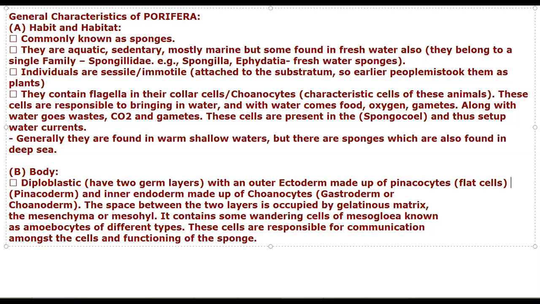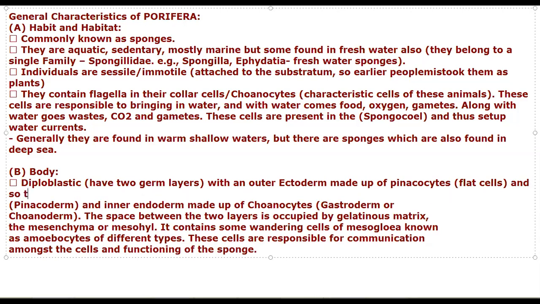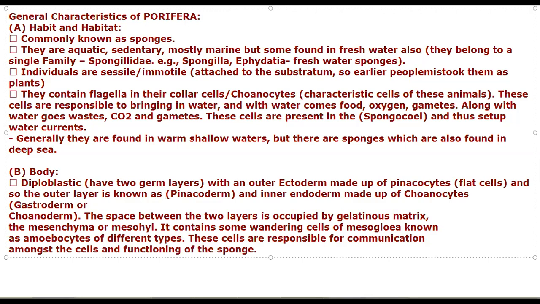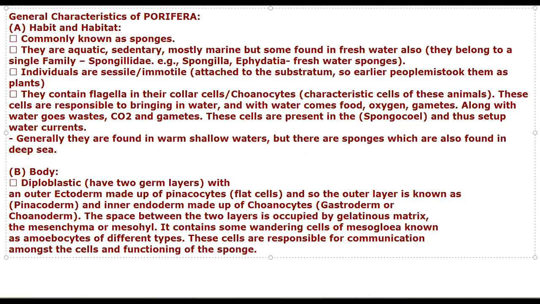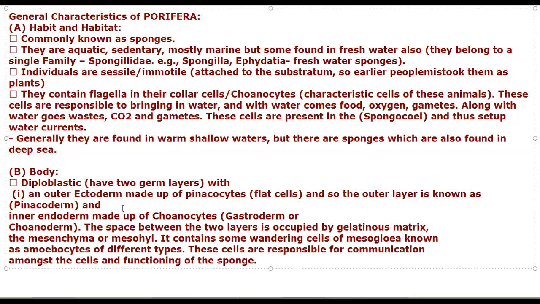And so the outer layer is known as pinacoderm. You can write like this, an outer ectoderm made of pinacoderm, and inner endoderm made up of choanocytes.